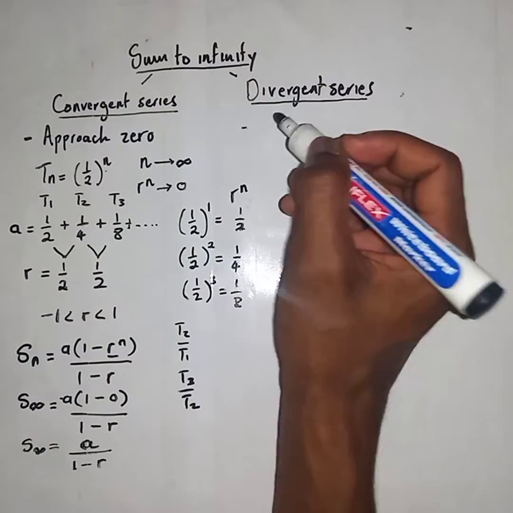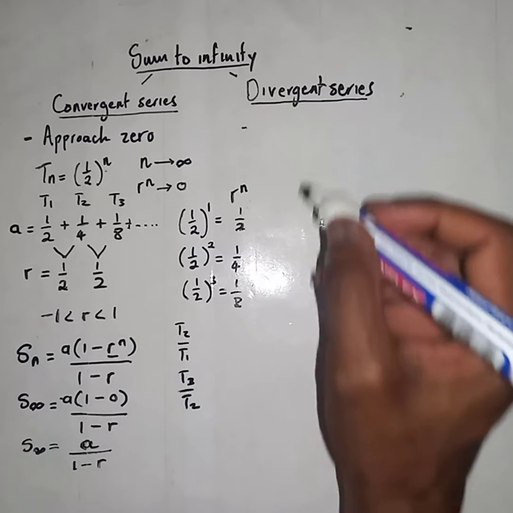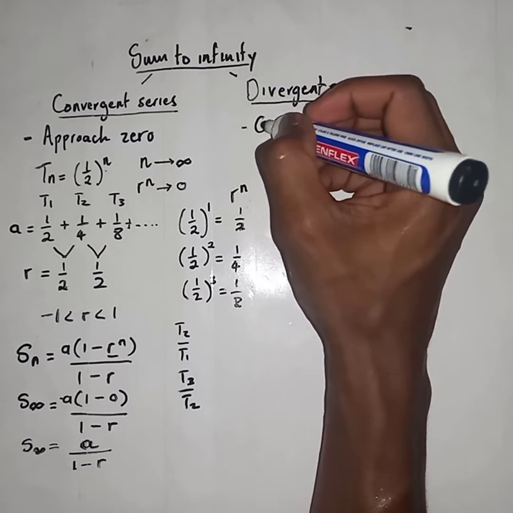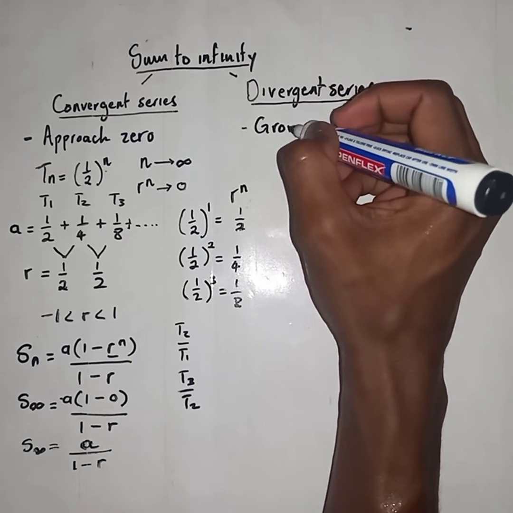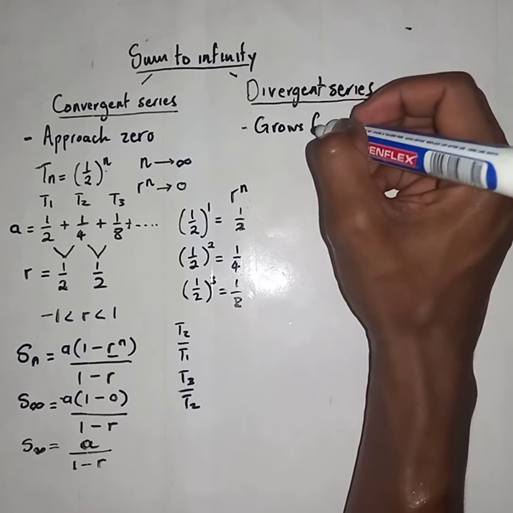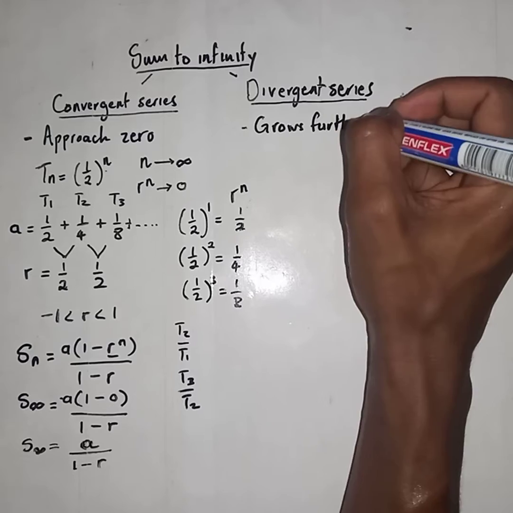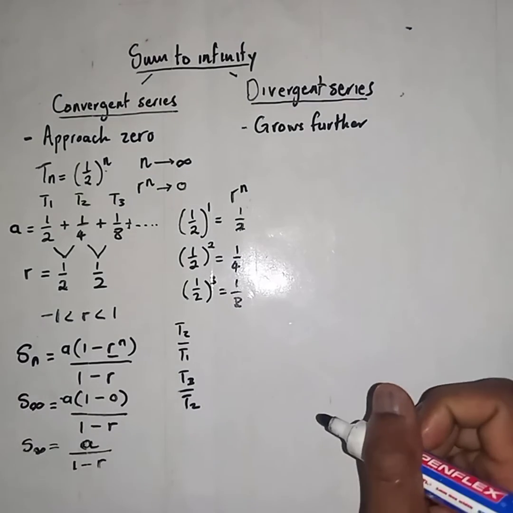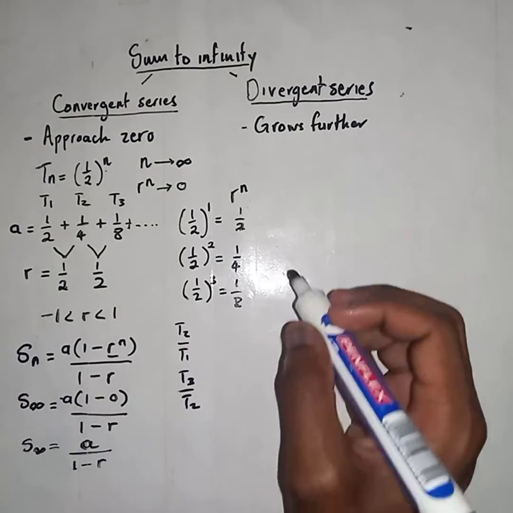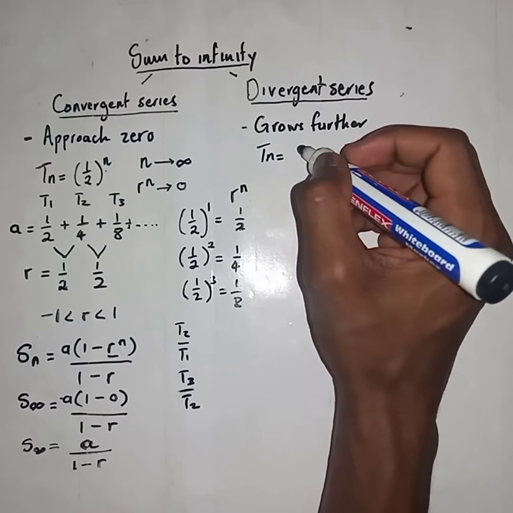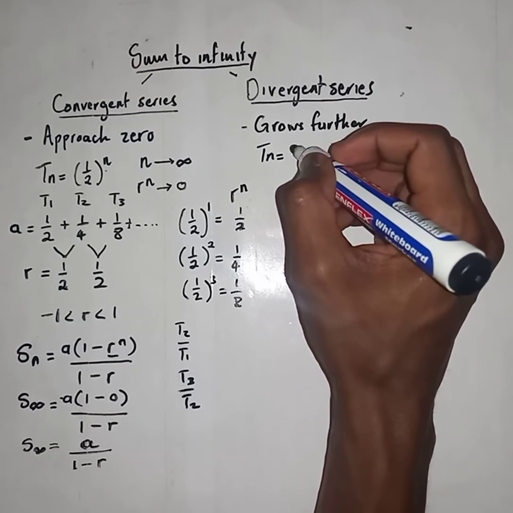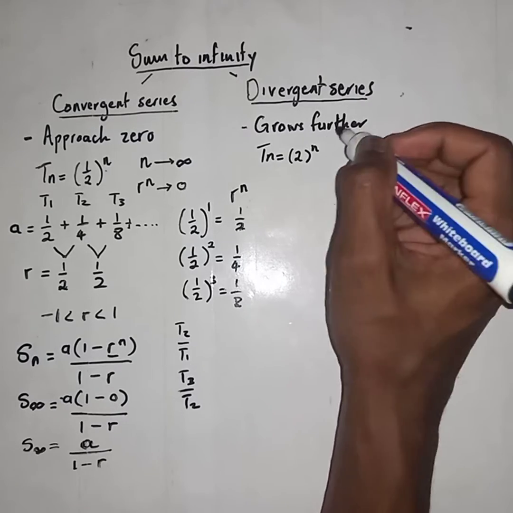As for the divergent, it grows further. You see, it grows further. Let us consider this general formula, Tn to be 2n.